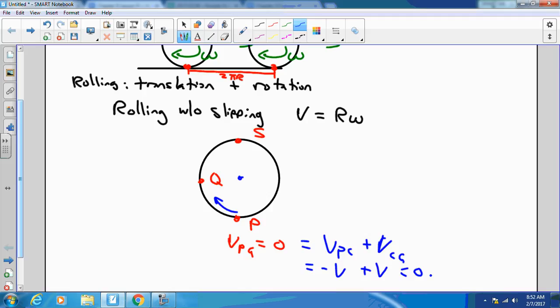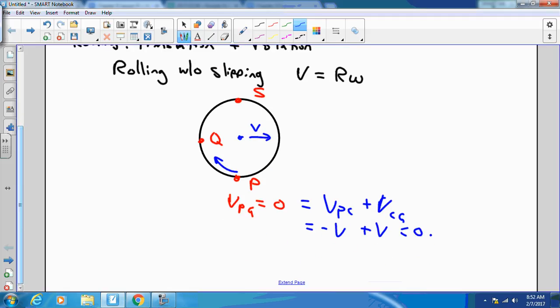In other words, this point is rotating like so around the center, and its speed is r omega, and the direction is to the left. Meanwhile, the center relative to the ground is moving to the right at speed v, and so those cancel out.